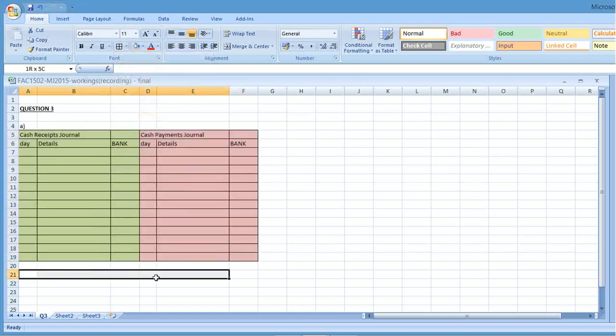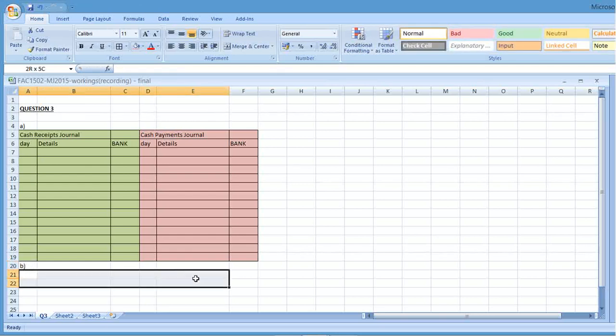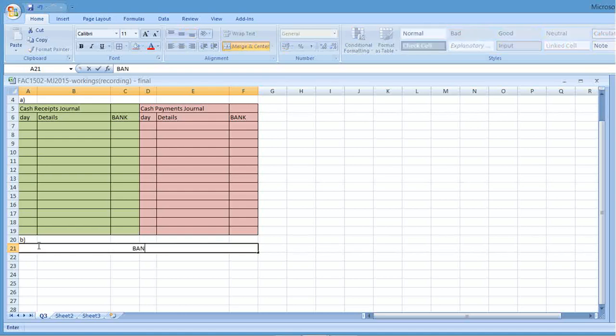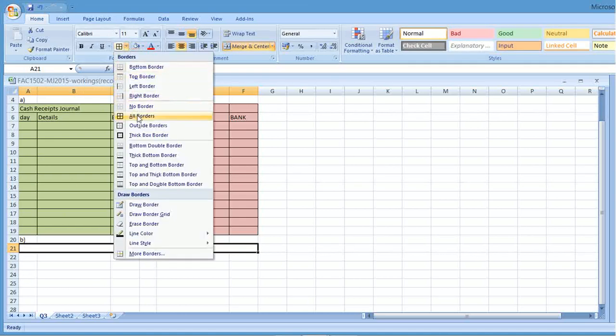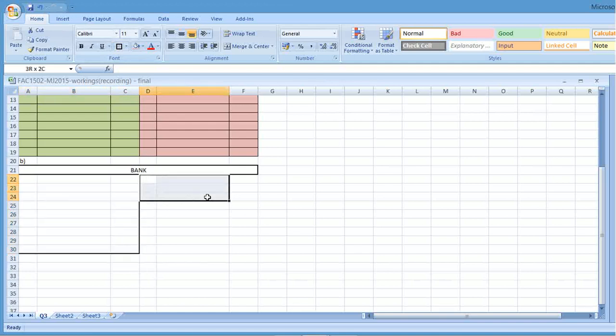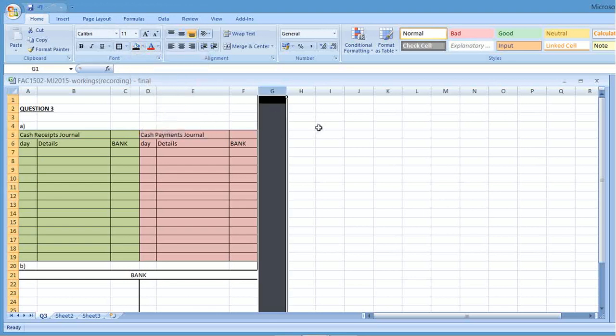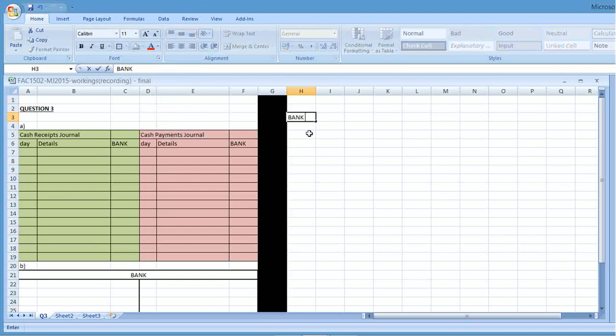They also want the general ledger, so that's B. Bank T accounts. Then we have the bank reconciliation statement.